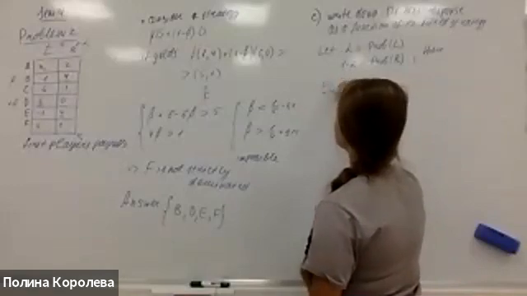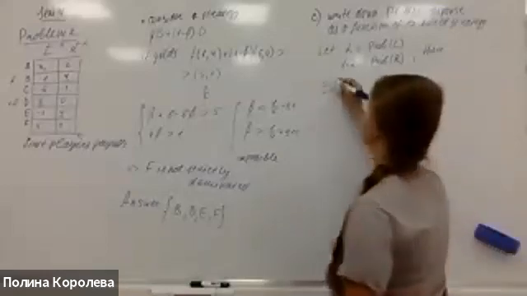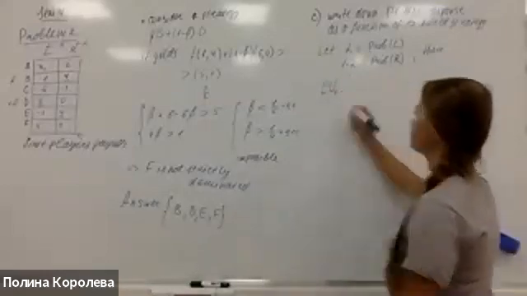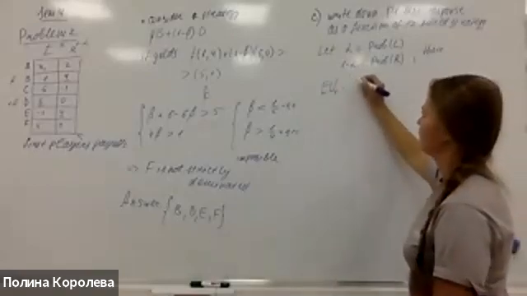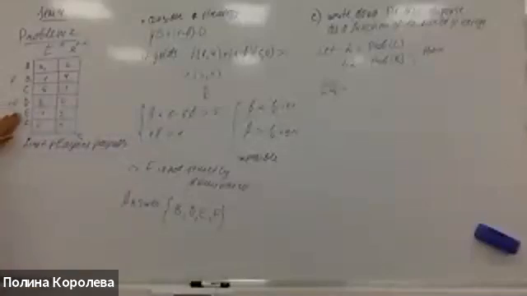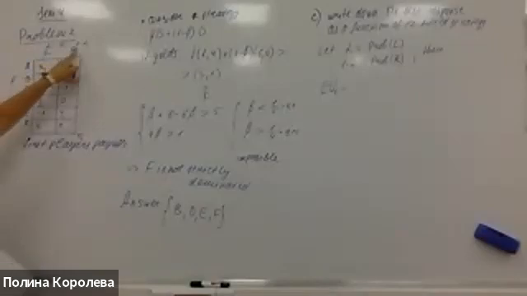Then the expected payoff, or expected utility, of the first player will be how much? If our first player plays A, he will get 3 with probability alpha and 2 with probability 1 minus alpha.